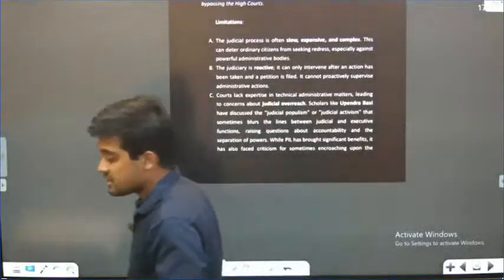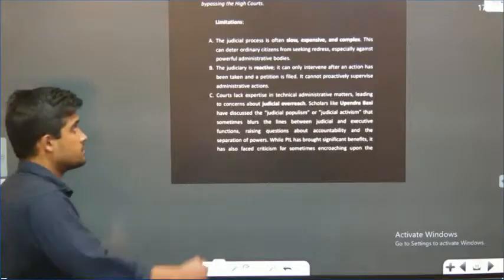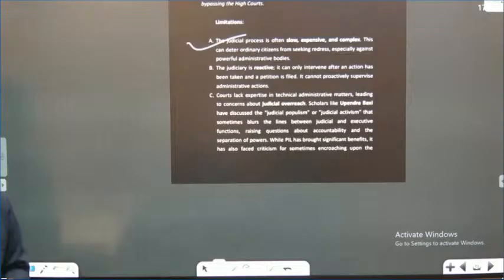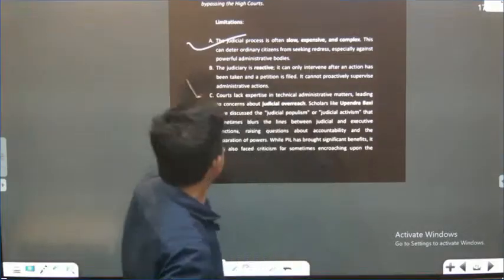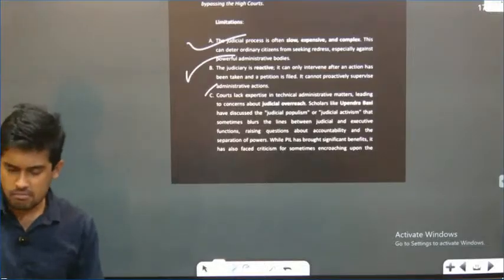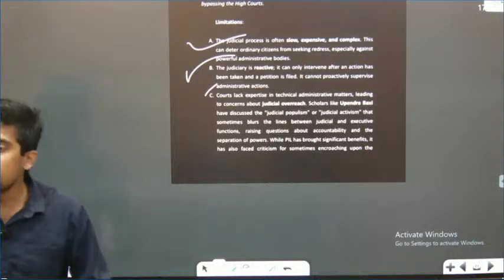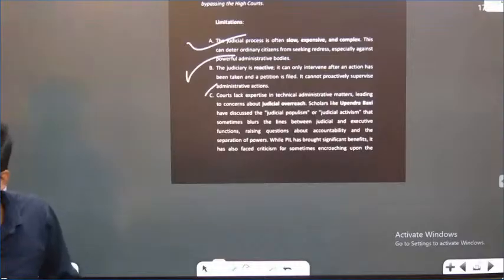Now, what are the limitations of the judicial process? First, it is slow, very complex, very expensive in nature. Second, the judiciary is very reactive. Only when something major has happened, then only the judiciary will react. On an everyday basis, the judiciary does not react or take any action.